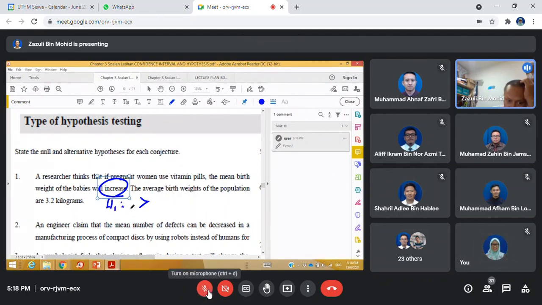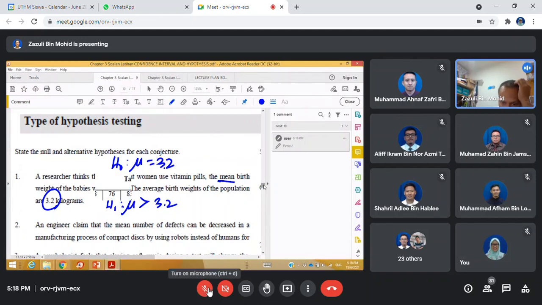Tanya sekarang ni, when it's 3.2, then 3.2 lah. So mean, then we have mean here. Then the hypothesis H0 is mu equals 3.2.